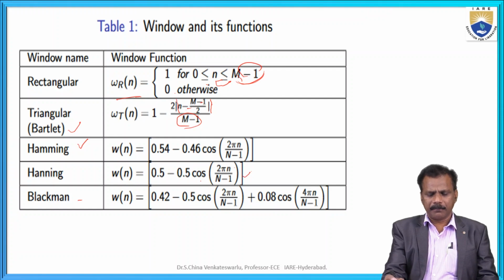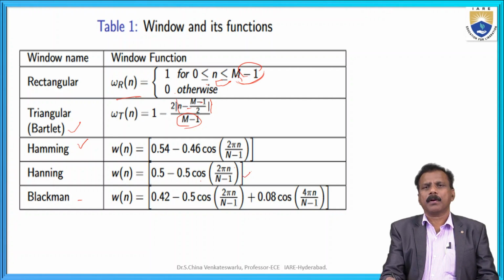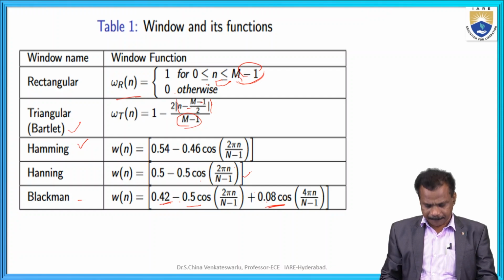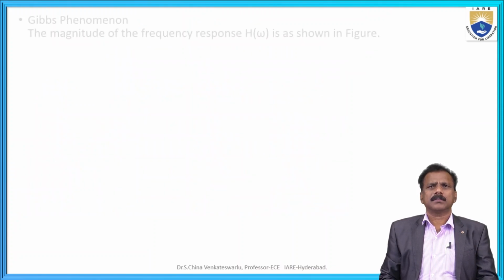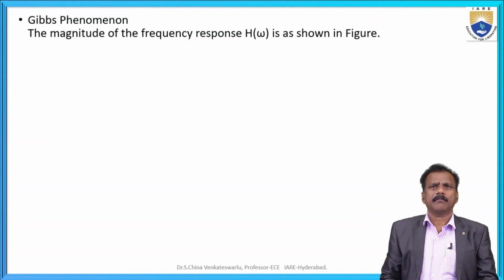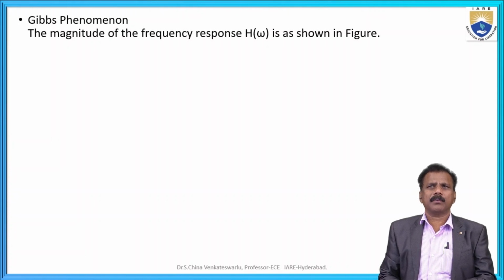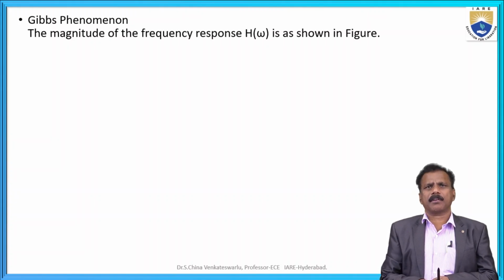Coming to the Blackman window, here 0.42 minus 0.5 cos of 2 pi n by N minus 1, plus 0.08 cos 4 pi n, small n by capital N minus 1. So these are the related windows.